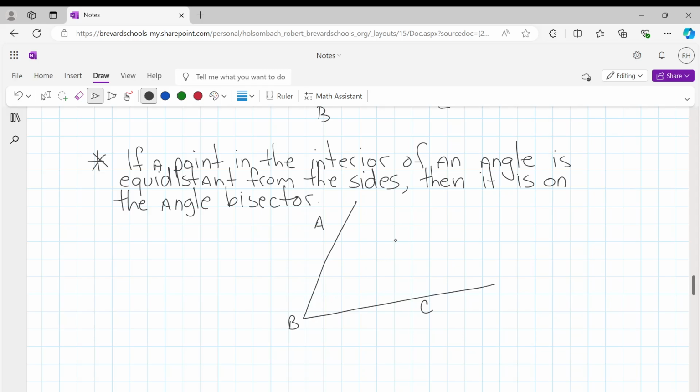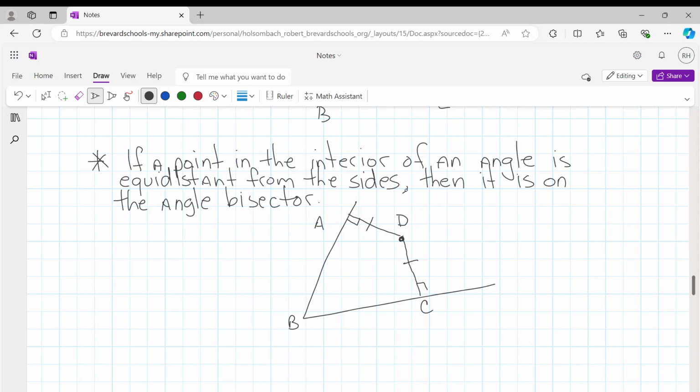So if we put a point in the interior of this angle, call it point D, and D to C is the same length as D to A. Now we've got a point in the interior of an angle, and it's equal distance from the sides.